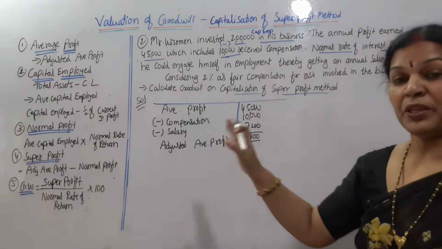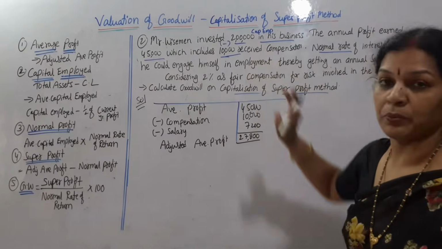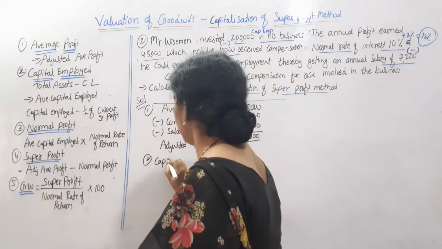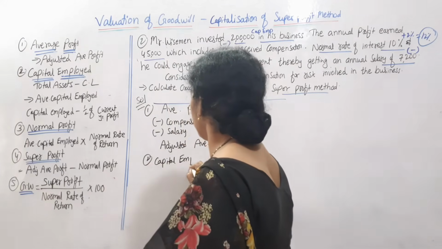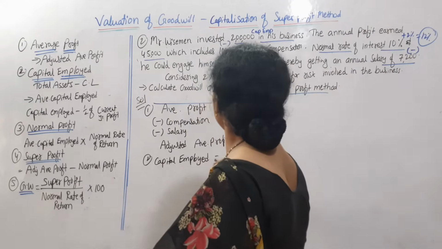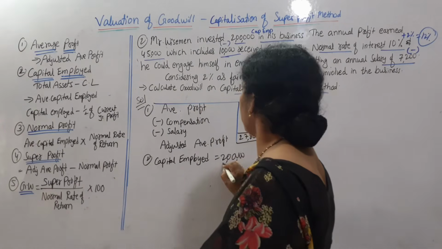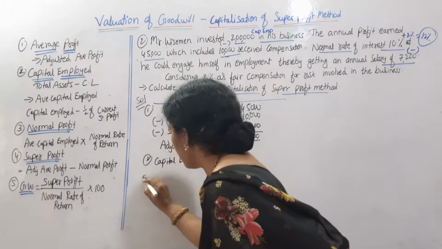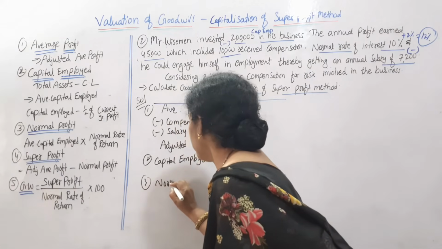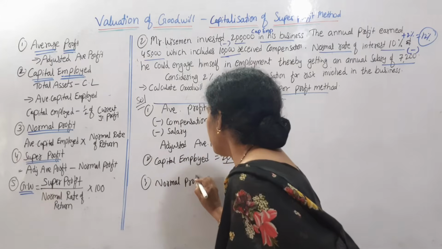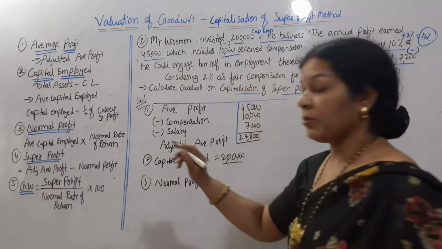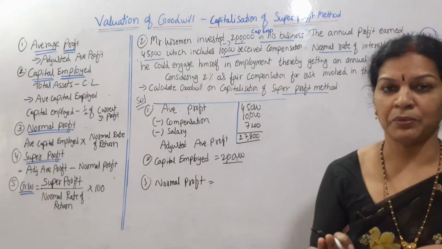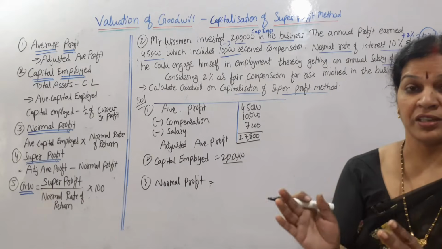Now capital employed is given already, 2 lakh rupees. Capital employed is 2 lakh. Next, what is needed? Normal profit. Third step, normal profit. How do we get normal profit? Average capital employed, which is this one. There is no average capital because we have not been given any fixed assets or current liabilities.